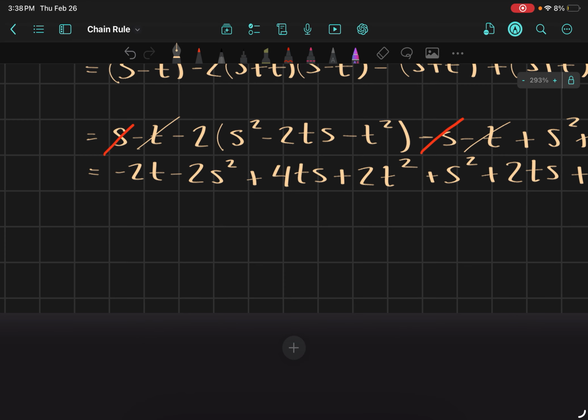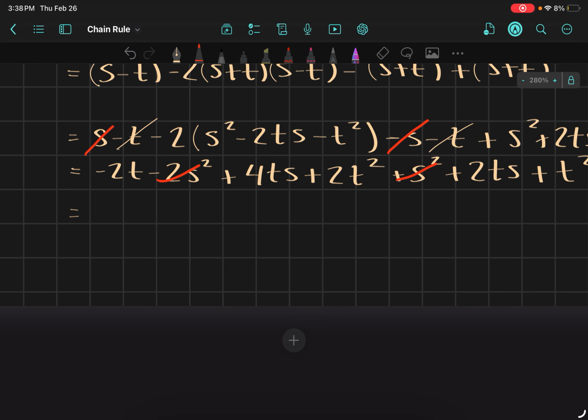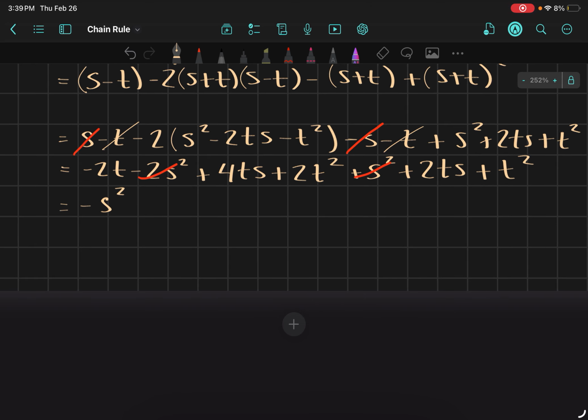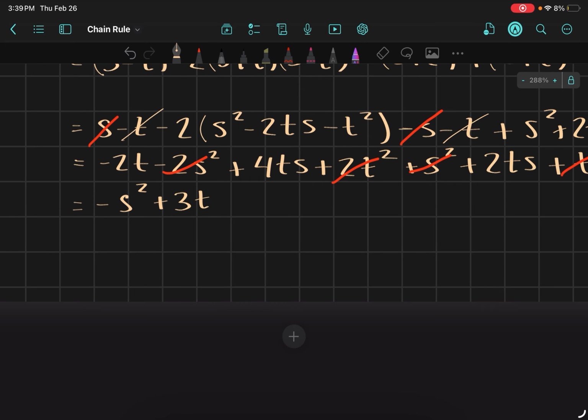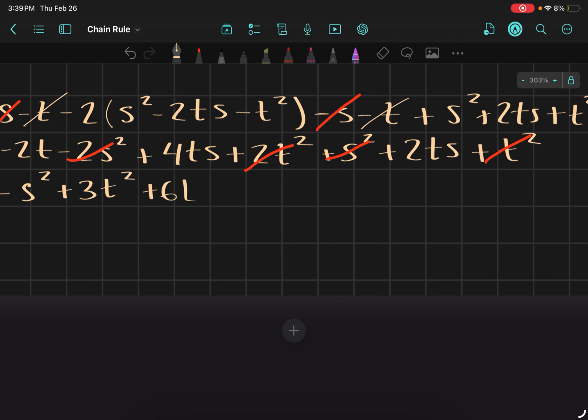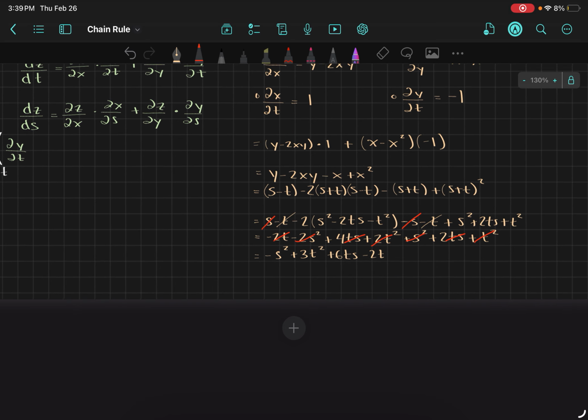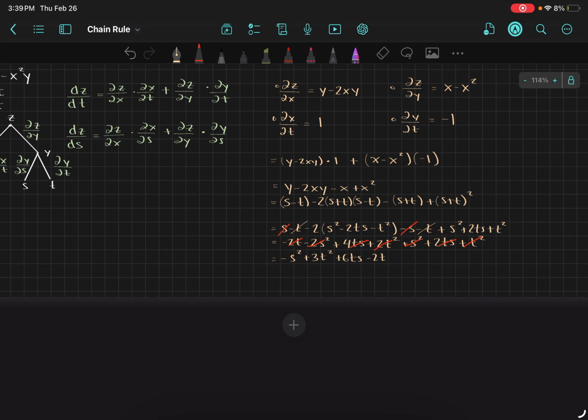Doing all these together, we have negative 2s squared plus s squared, that turns into negative s squared. 2t squared plus t squared is going to equal 3t squared. 4ts plus 2ts is going to equal 6ts. It looks like we're just left with that minus 2t right there. And that is what our partial is going to be for our dz/dt.